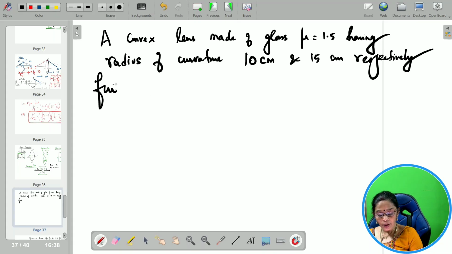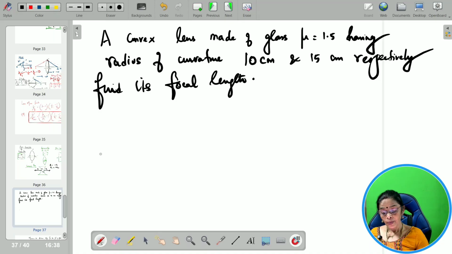Find its focal length. That is the first question.